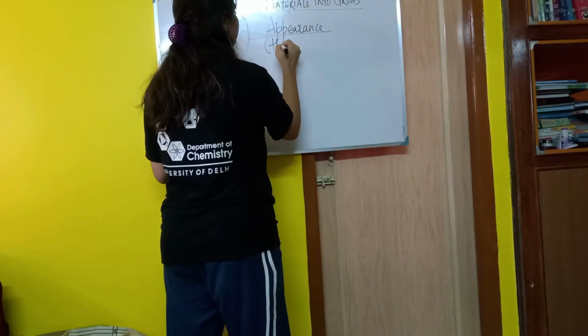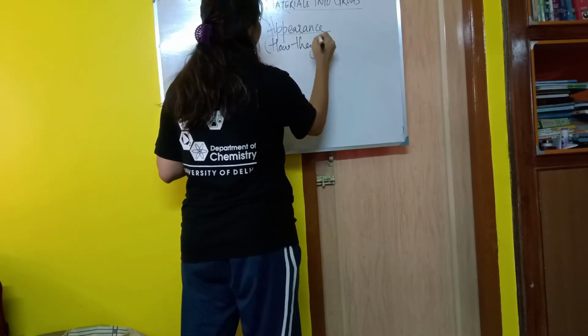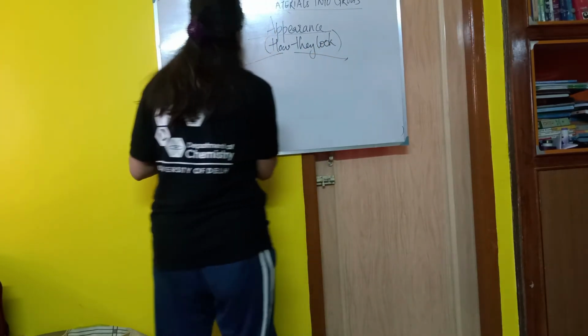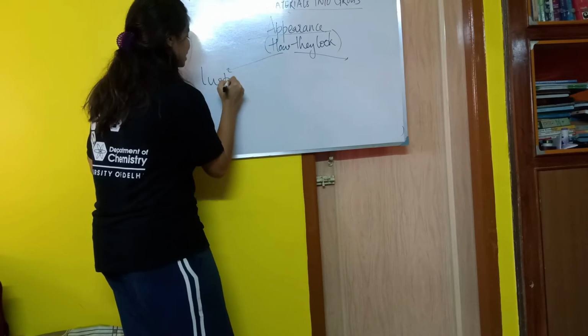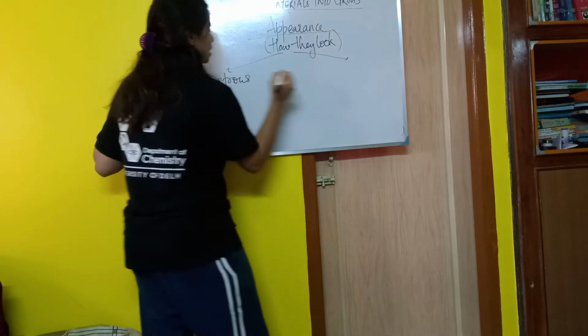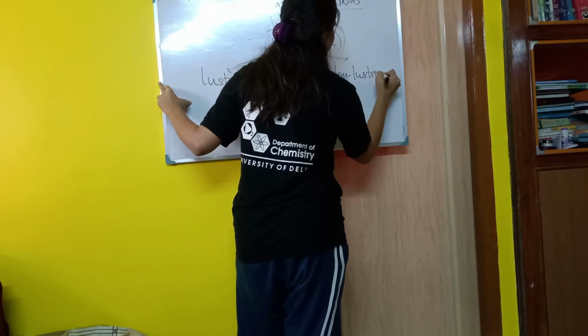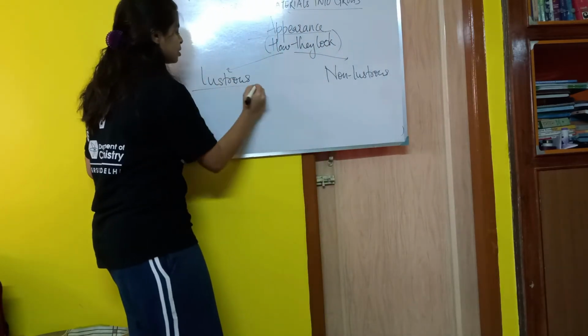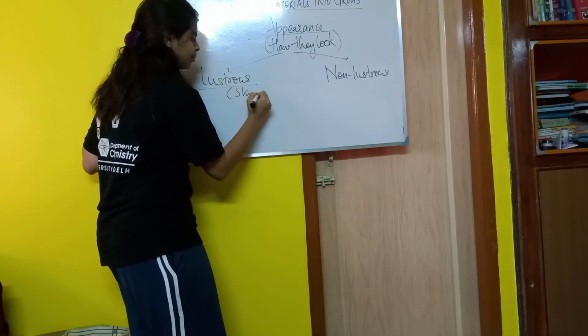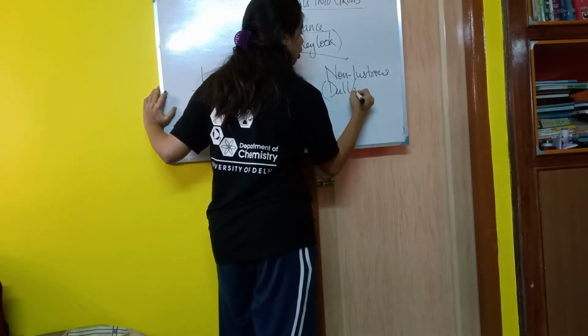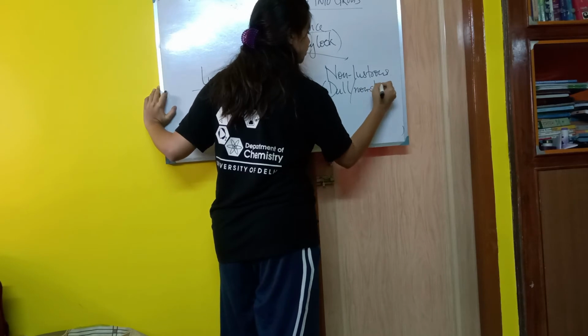Now as I told, what is appearance? Appear means how they look. Now depending upon their appearance, we can group the material. One is lustrous, second is non-lustrous. What is lustrous and non-lustrous? Lustrous means shiny. And non-lustrous is dull or non-shiny.